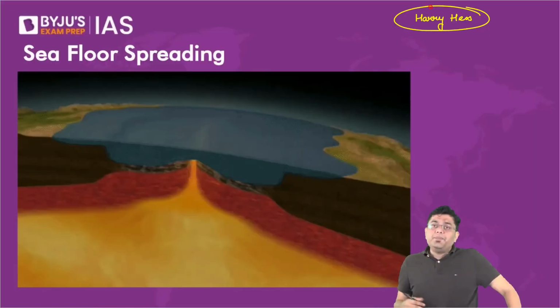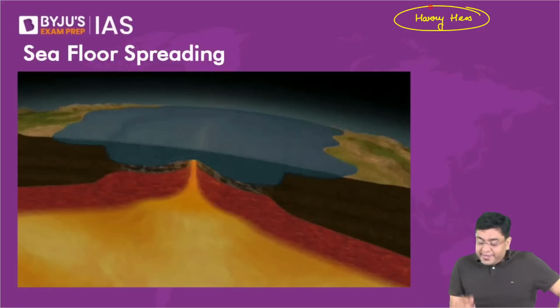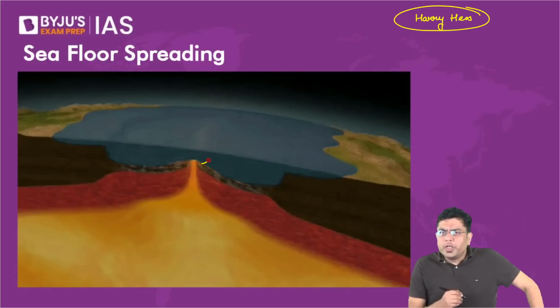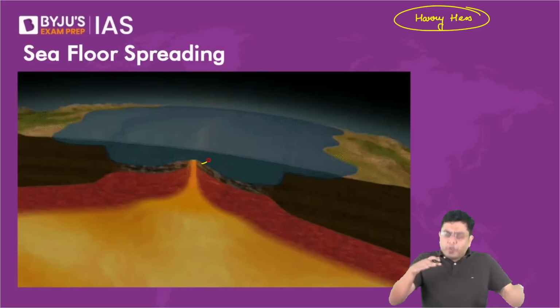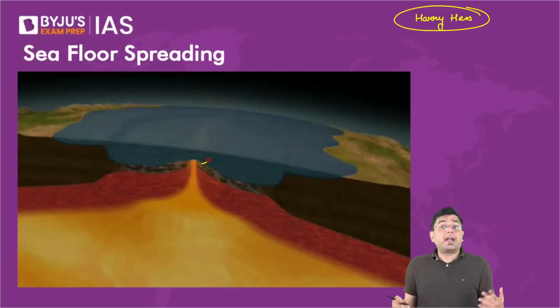So basically, he observed that at the seafloor, wherever there is active volcanism in the region of the mid oceanic ridges, in the middle of the ocean, you have these ridge-like features where you have active volcanism.